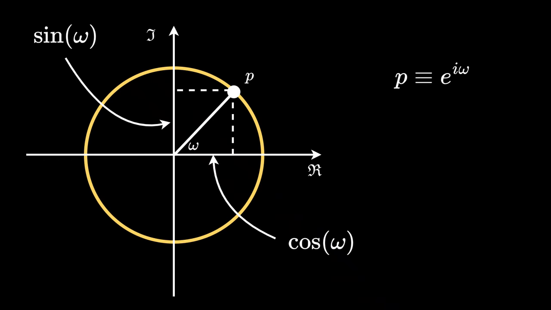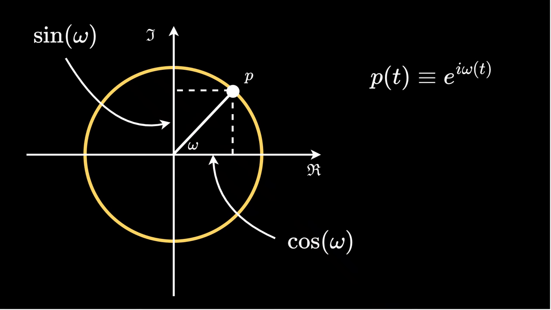Now, rather than taking a fixed omega, a fixed angle, we can make it dependent on time. So omega is a function of time, and as a result the point P also becomes a function of time. You can show it like this.